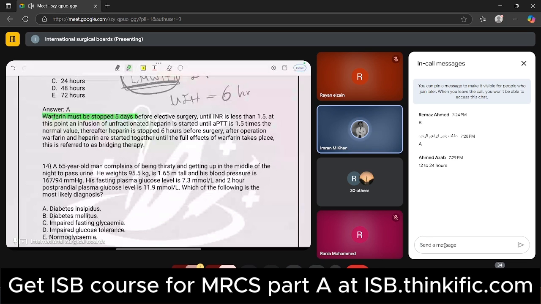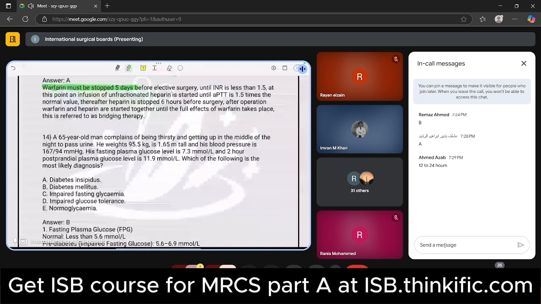Which of the following is the most likely diagnosis? Option A, diabetes insipidus. Option B, diabetes mellitus. C, impaired fasting glycemia. D, impaired glucose tolerance. E, normoglycemia. So the first thing is 7.3. It is option B, diabetes mellitus.